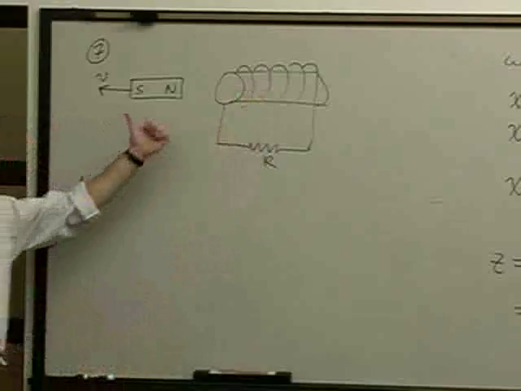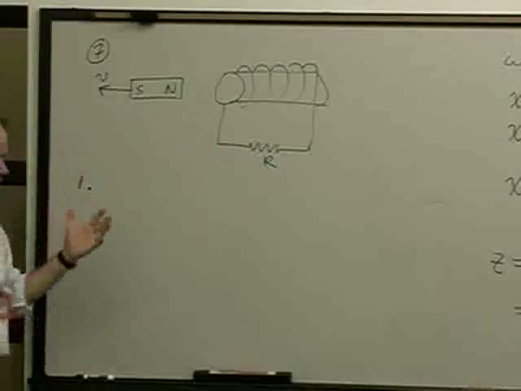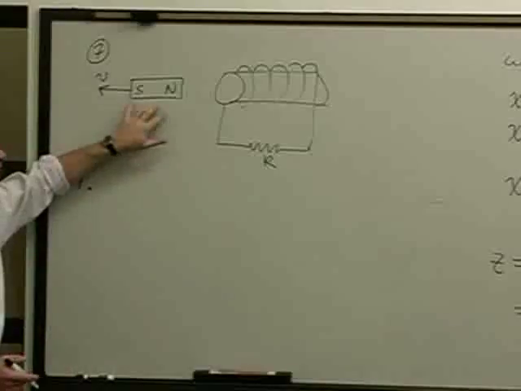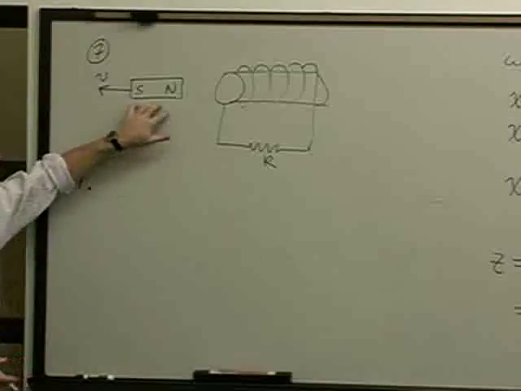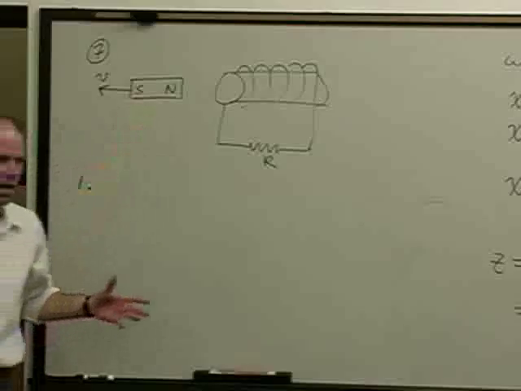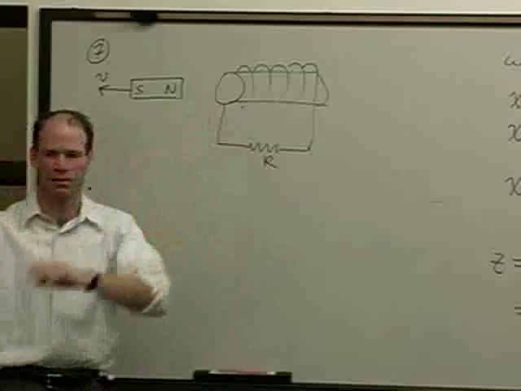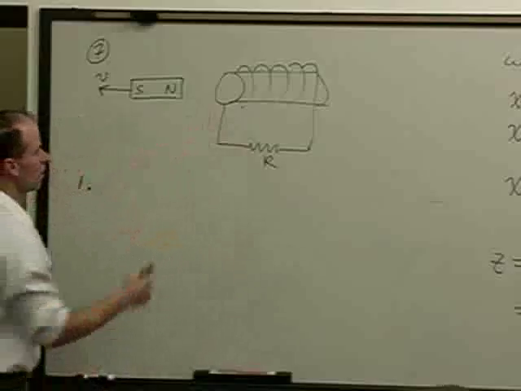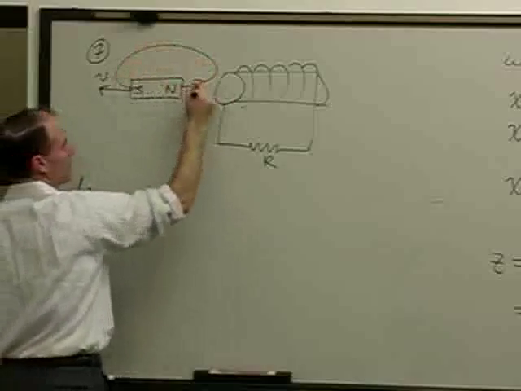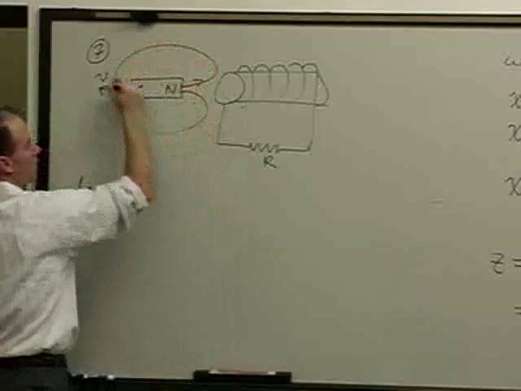Well, the magnet is moving to the left, but as far as the flux is concerned, it's dominated by the magnet. What's the orientation of the magnet? For magnets, flux lines come out of north poles and go into south poles. So the magnetic flux lines of this are coming out over here, coming in over here.